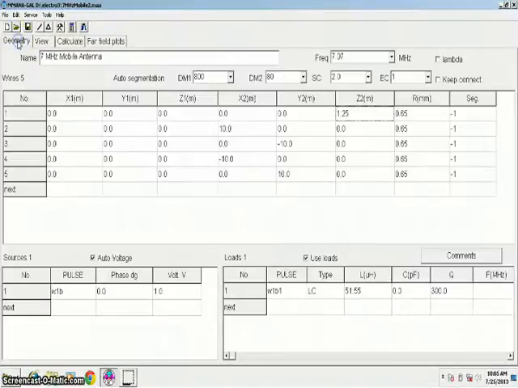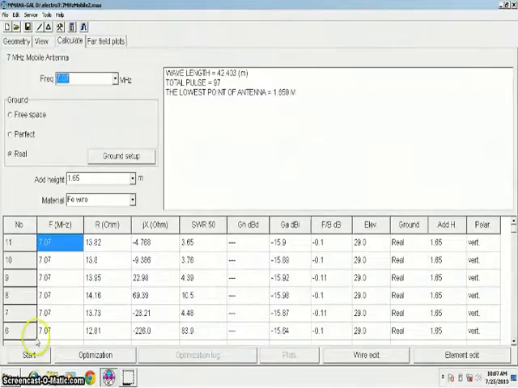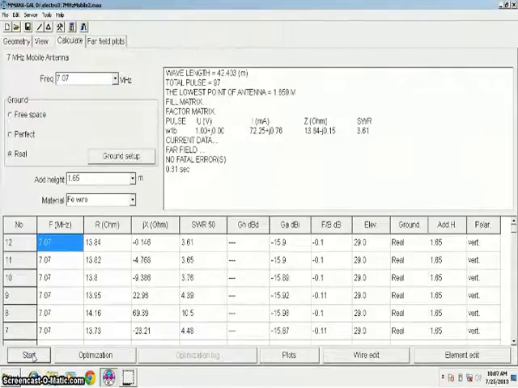Let's try to add. Let's try. This is 56.5, 56.5. There. Right, this is the more appropriate value of loading coil. And this reactance is minus J 0.15 ohms.